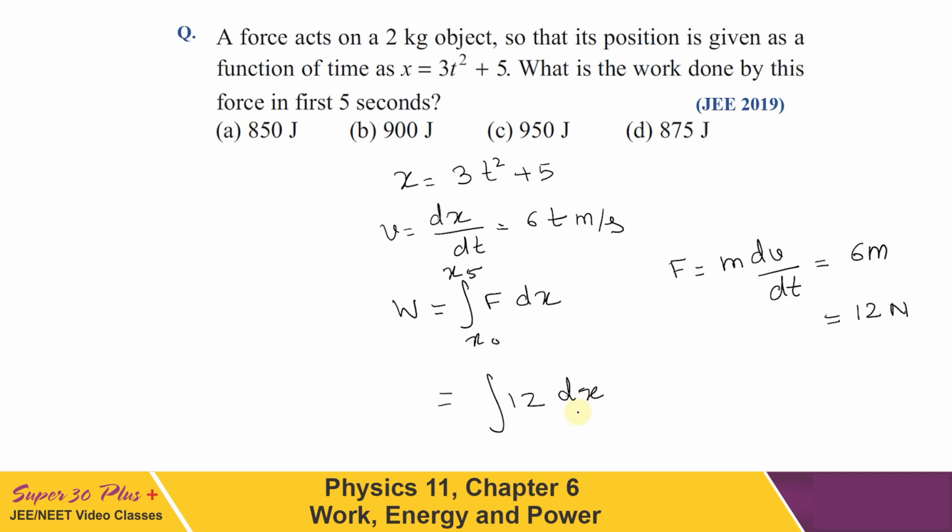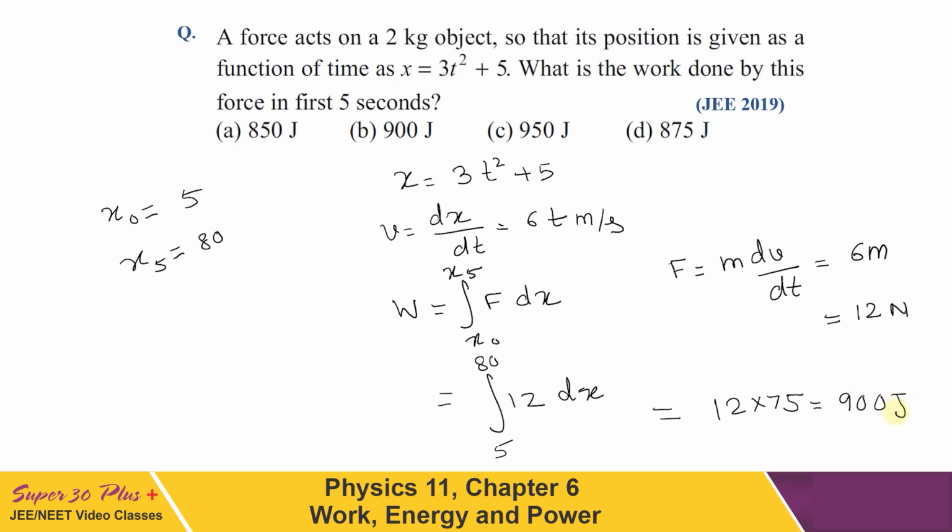Now we have to write x0 and x5, so let us first calculate them separately. x0 is the position at t equal to 0, so it will be equal to 5, and x5 is 80. So we have to integrate within limits 5 to 80. On integrating and substituting the values, we will get 12 into 75, that is equal to 900 joule.